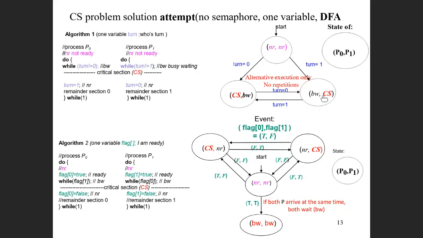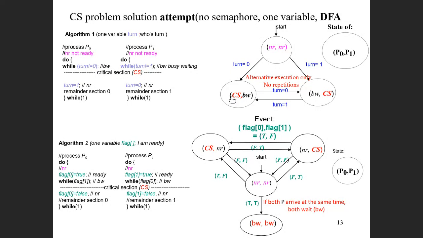Now, if you want another process to be in the critical section state, we have to apply alternation, turn equals 0 and turn equals 1. So what does it mean?